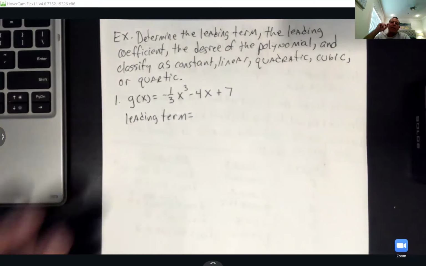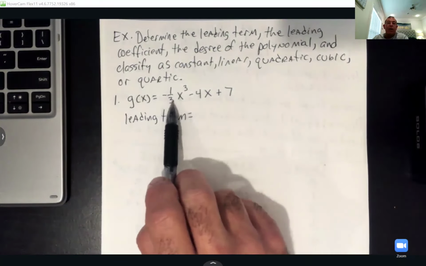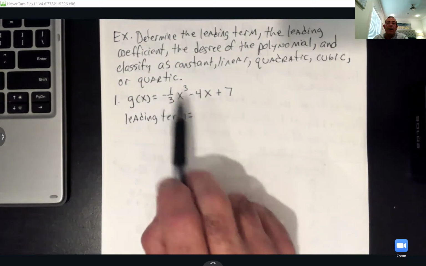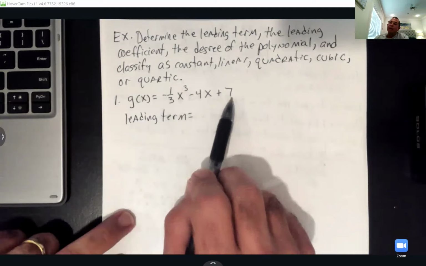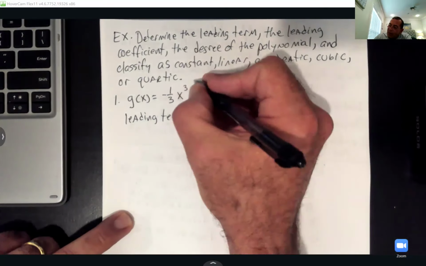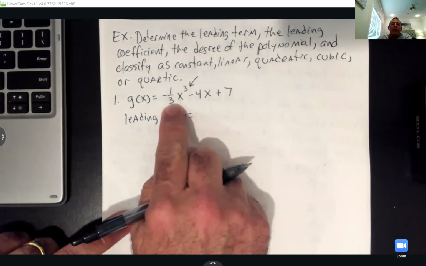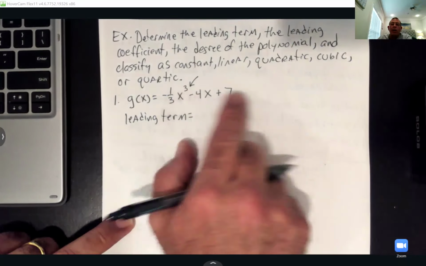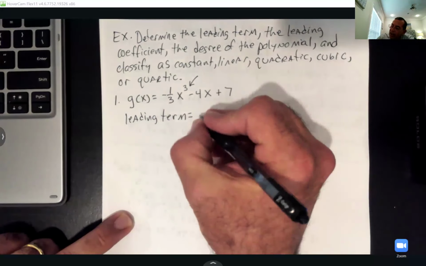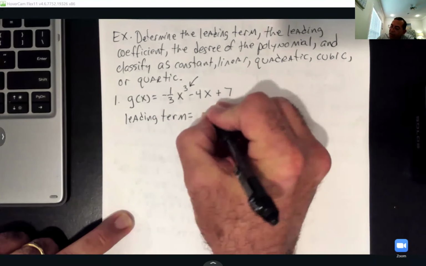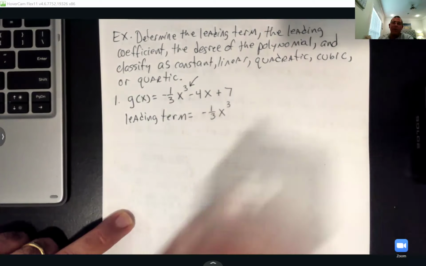And you got to put the entire leading term there. So notice this one has three terms: negative 1/3 x to the third, negative 4x, and then the 7. The one that has the highest exponent is the first term here. Since 3 is higher than 1 and 0, that's my leading term. And the leading term will be the negative 1/3 x to the third.